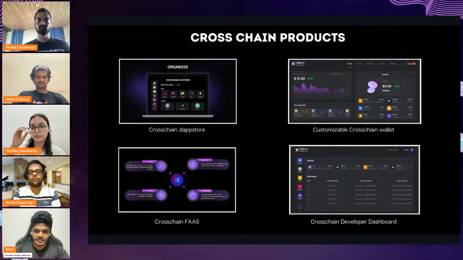Our functionality as a service platform is an API implementation that allows developers to query and execute functions on different chains very easily. We also created a cross-chain developer dashboard, which helps developers test out complex cross-chain connections between dApps before actually implementing that on the main application. Along with these products, a lot of other cross-chain products are in the pipeline that make the life of developers easier.